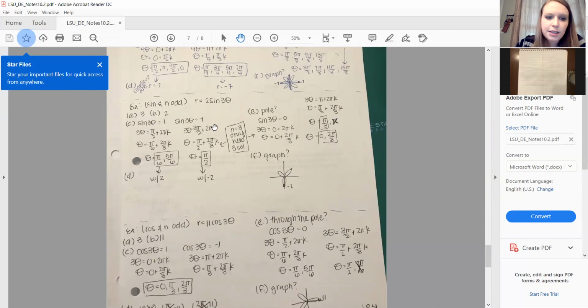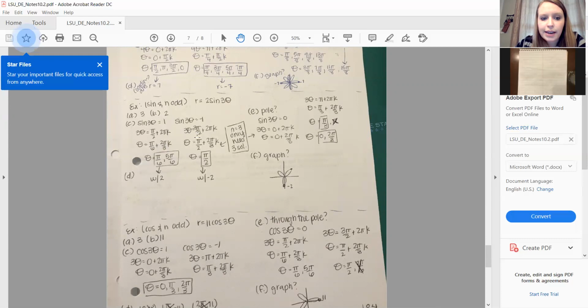Well, when sine equals 1, and sine equals negative 1. So again, pi halves and 3 pi halves, but we're dividing by 3. So this becomes pi over 6 and pi over 2. So we've got pi over 6, right? 2 pi over 3 is the same thing as 4 pi over 6, and 4 plus 1 is 5. Those two go with pi over 2.